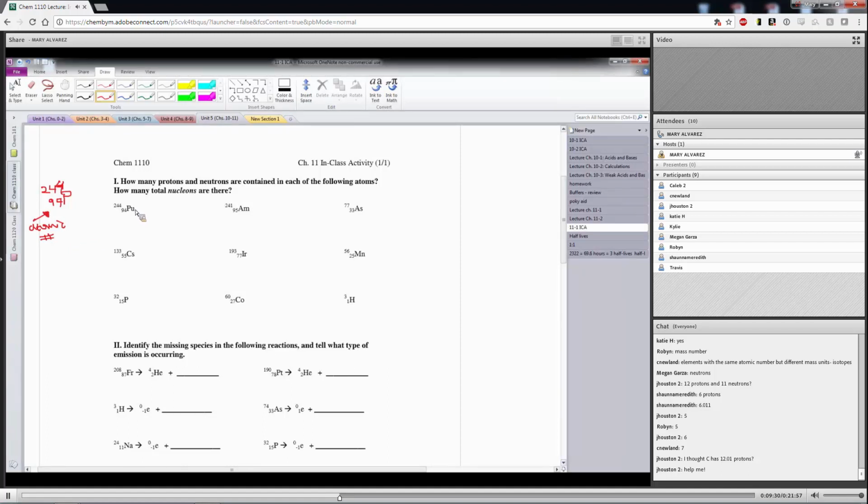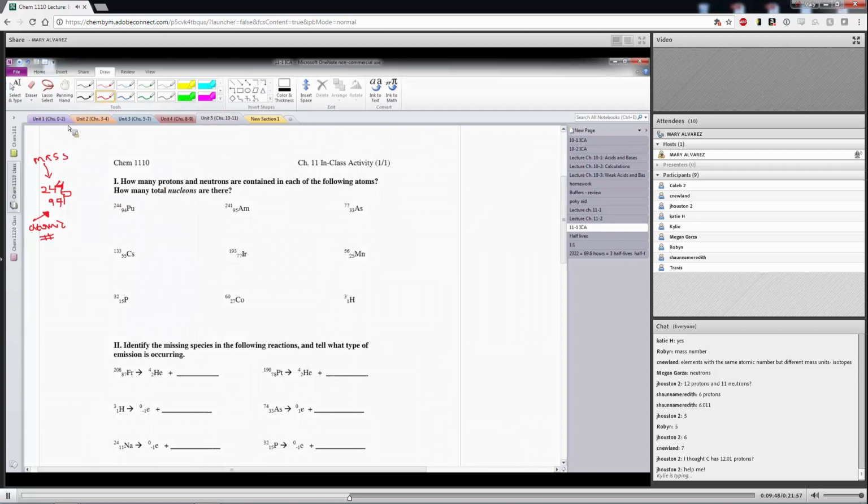So I could just look up plutonium and know that it's 94. But for the purposes of nuclear chemistry, it'll be helpful to include that number. It'll just be a little bit easier. And then the one on the upper left is your mass.